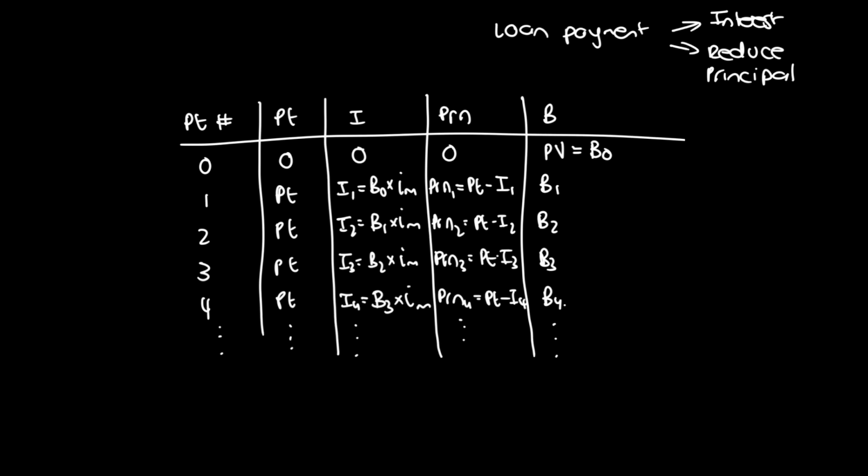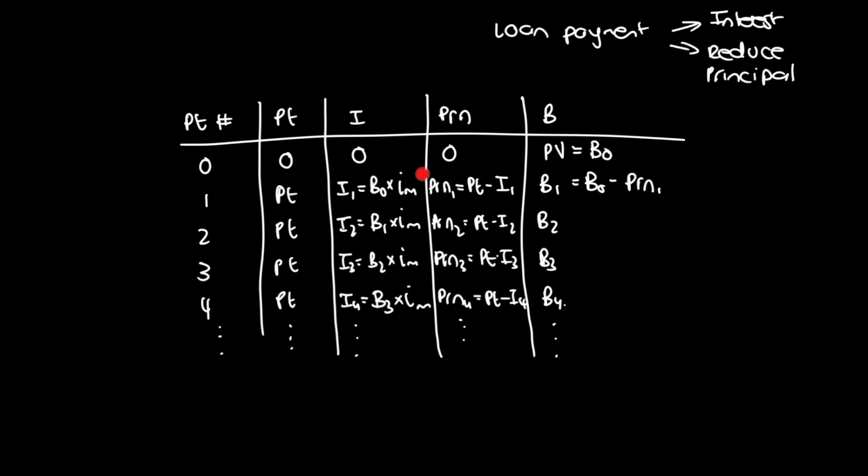But because we have the information here of our payments, our B1 is actually our B0 minus our principal reduction at that time period.